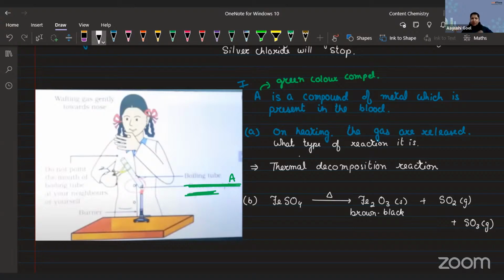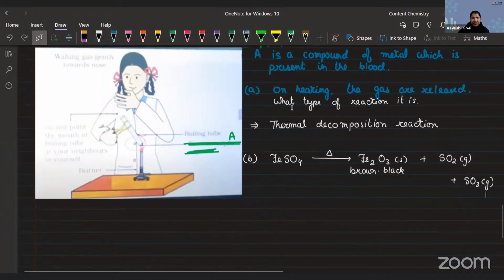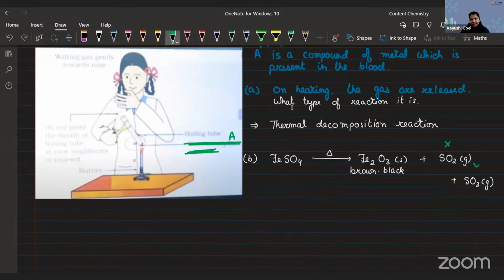Now I can make this question with the acid, bases and salts. So how can I make this question with acid, bases and salt? Let's say they are releasing gases X and Y here, and both are acidic gases.